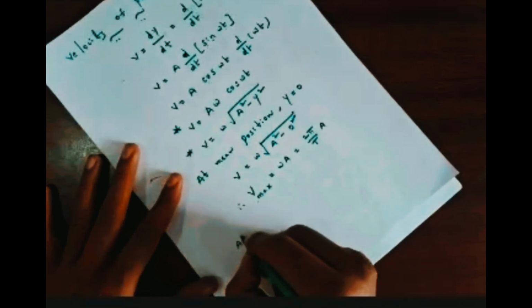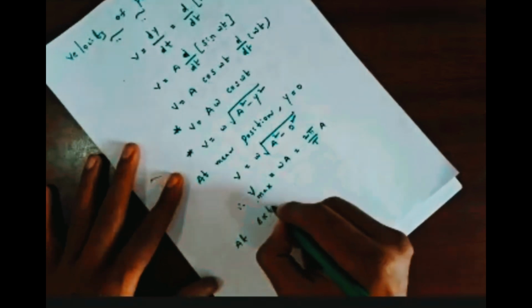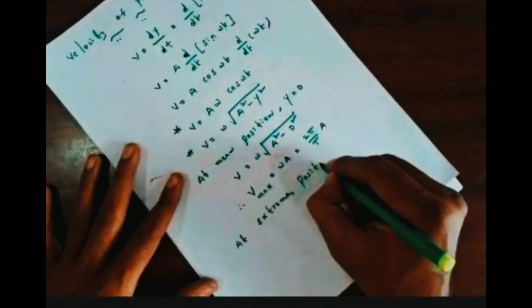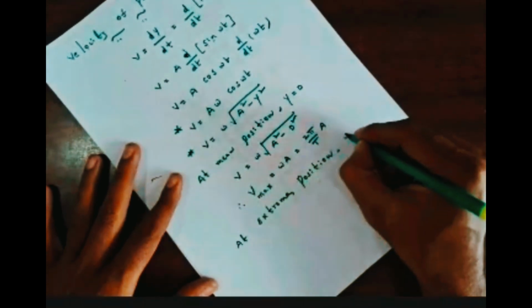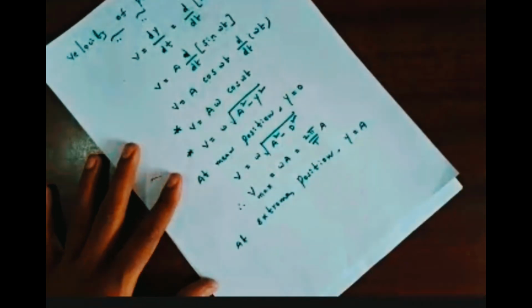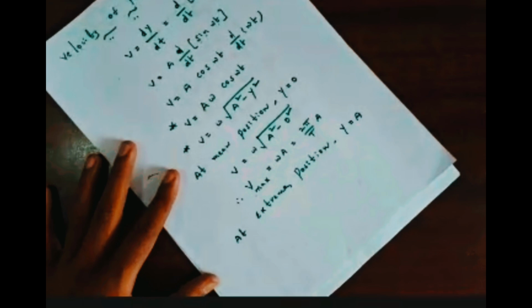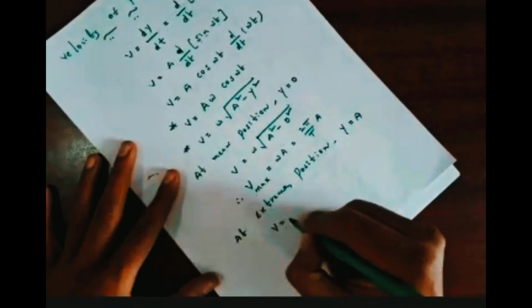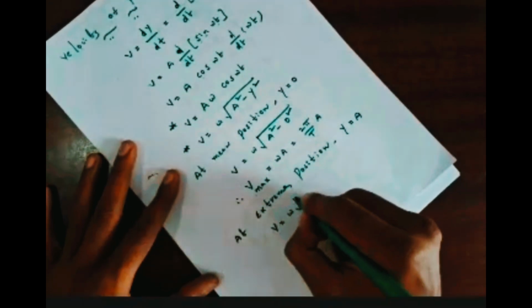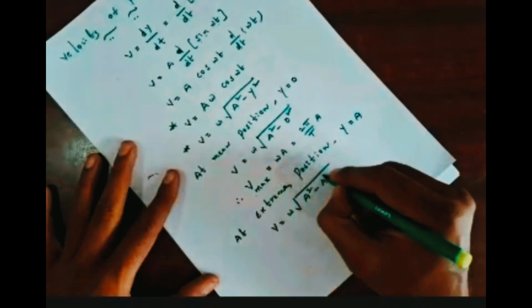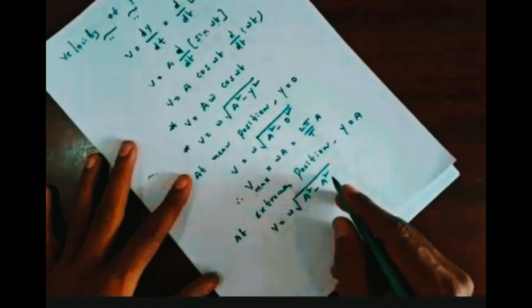At extreme position, y = a. At extreme position, y = a. It means v = omega root over a square minus a square, which is 0.